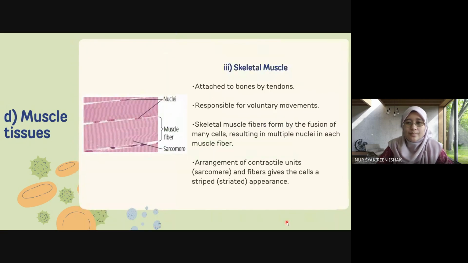And then we have the skeletal muscle, attached to bone and tendons, and responsible for voluntary movements. Skeletal muscle fibers are formed by the fusion of many cells, resulting in multiple nuclei in each fiber. The arrangement of contractile units, which we call sarcomeres, gives the cell a striated appearance, a stripe appearance.